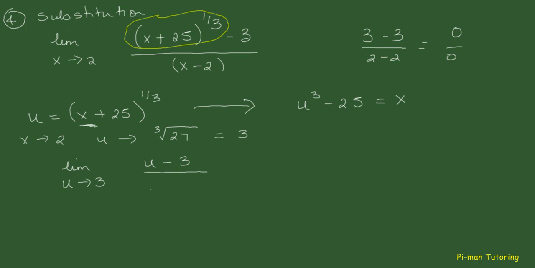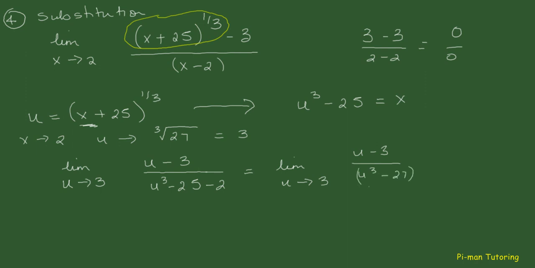And so on the bottom, where we have x minus 2, we can actually write u cubed minus 25 instead of x, and then minus 2. So that's the limit as u tends to 3 of u minus 3 over u cubed minus 27.